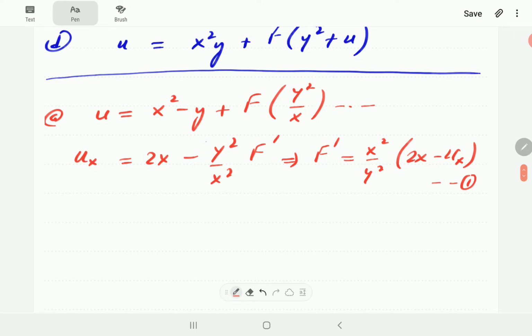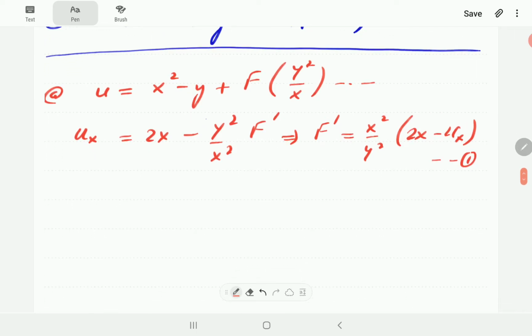Then we're going to go back to this and now differentiate it with respect to y. On the left hand side we're going to have u_y, then the derivative of this with respect to y is 0, the derivative of this one is minus 1, then the derivative of this function here with respect to y is just 2y over x, and then times f prime.